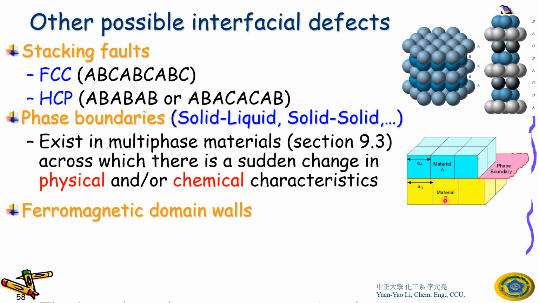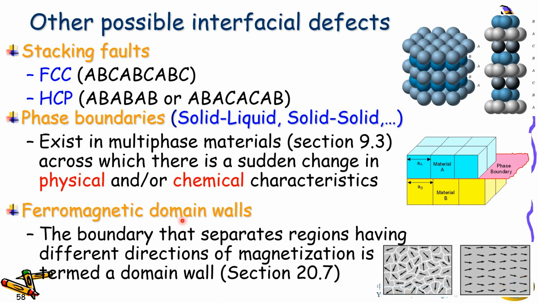Ferromagnetic domains. Ferromagnetic domains are the boundaries that separate regions having different directions of magnetization, termed domain walls. So this is called domain walls. Actually, it's not really obvious, it can be seen as space, but you have domains like this.